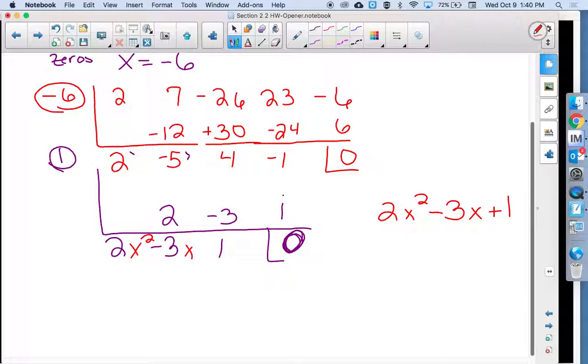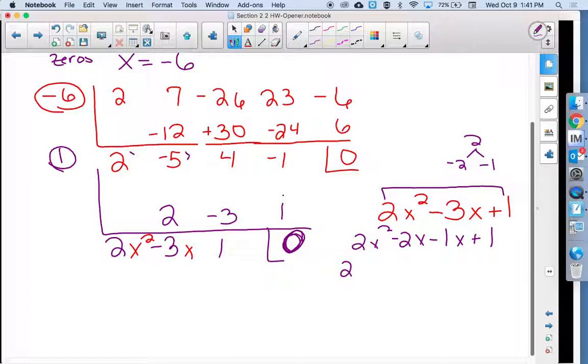How many zeros should we have? 4. I found 2 with the calculator. How can you find the other 2 with this resulting equation, Odette? Factor. So again, algebraically, we got a 2, -2, and -1 add together to be -3. AC grouping.